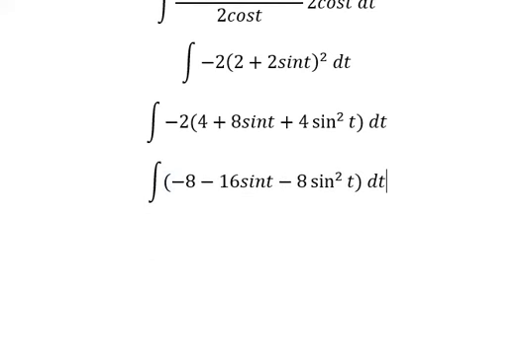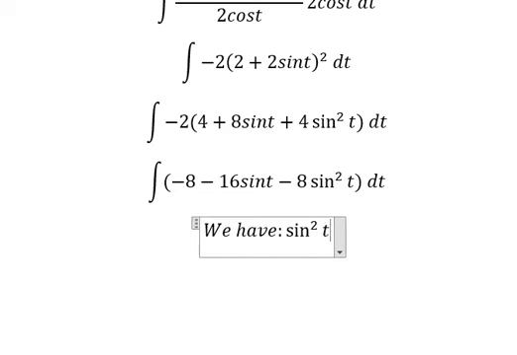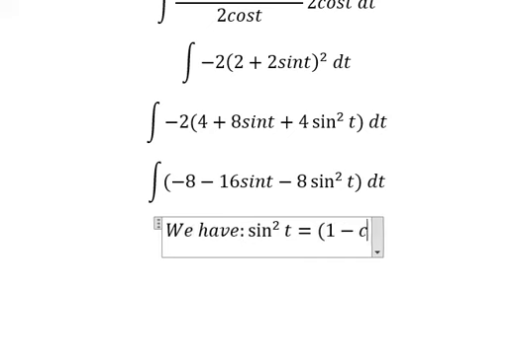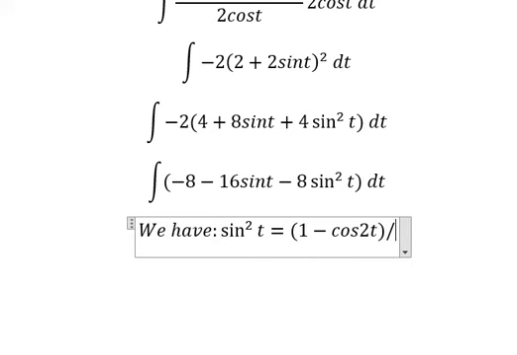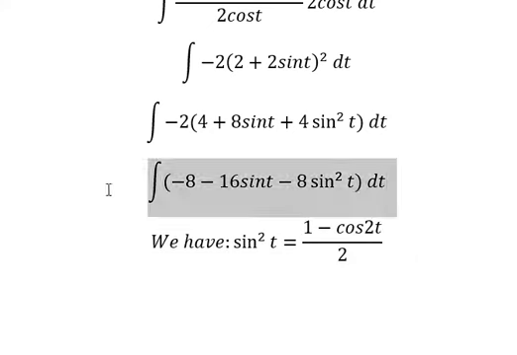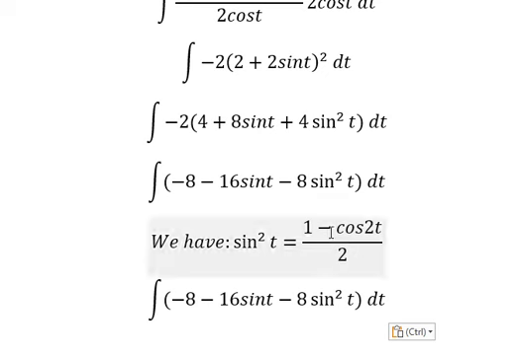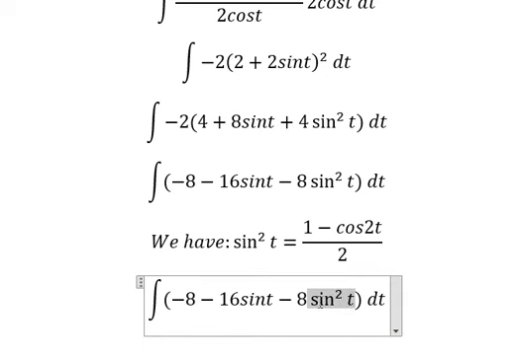Next, we have the formula in here. Sine t square equals to 1 minus cosine 2t over number 2. Now, I will put this one going here.